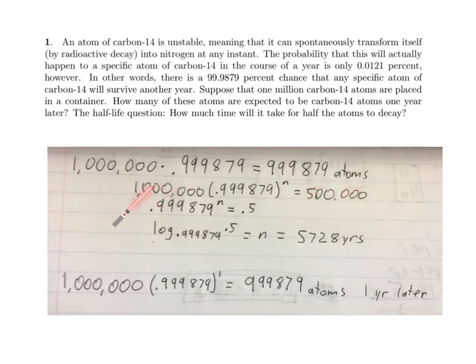Then you just divide a million from both sides, so we get 0.99879 to the n equals 0.5, and then you can rearrange that into a logarithm where 0.999879 is the base and 0.5 is the argument, and that equals n, and you just use the calculator, and you get 5,728 years.